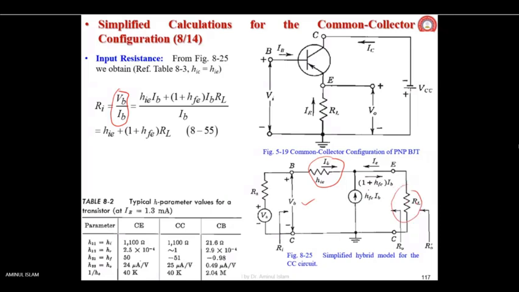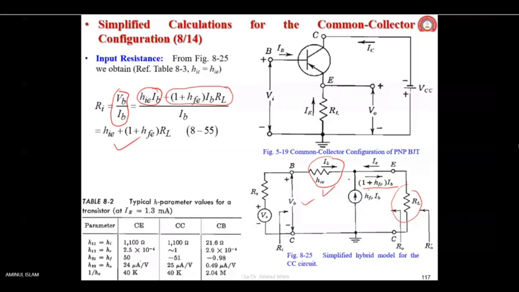The voltage developed across RL is the current, 1 plus HFE IB, times RL. So this portion is the voltage developed across RL, and this is the voltage developed across the input resistance. That gives the input resistance as HIE plus 1 plus HFE into RL.